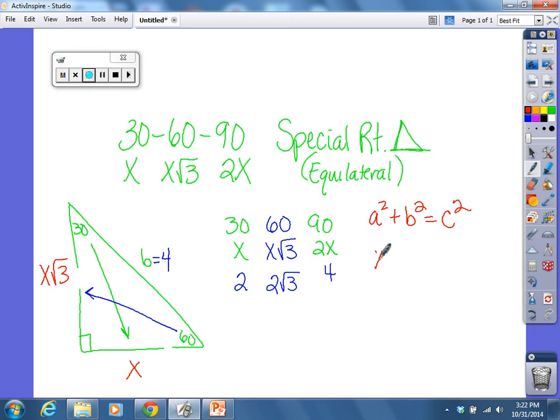So my short leg would be x squared, and my long leg would be x square root of 3 squared, and my hypotenuse is 4. All right, a little messy. We've got x squared plus, I've got to take this exponent and give it to both of those.